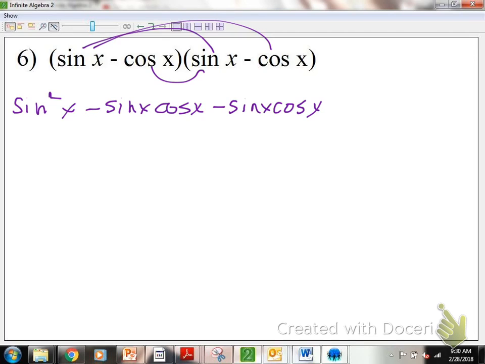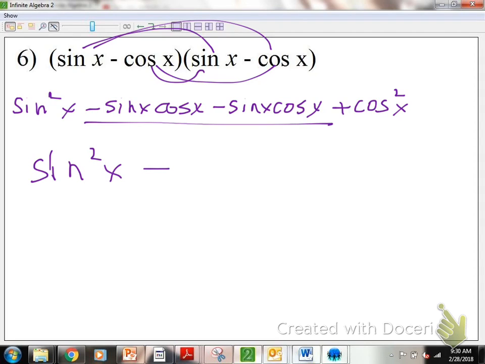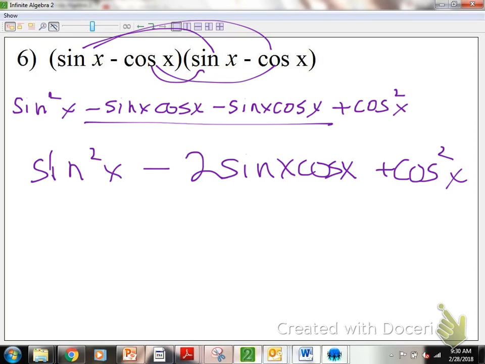And then cosine x times cosine x, negative times negative is positive cosine squared of x. So when we combine our like terms in the middle, we get sine squared of x minus 2 sine x cosine x plus cosine squared of x. All right? So that's that.